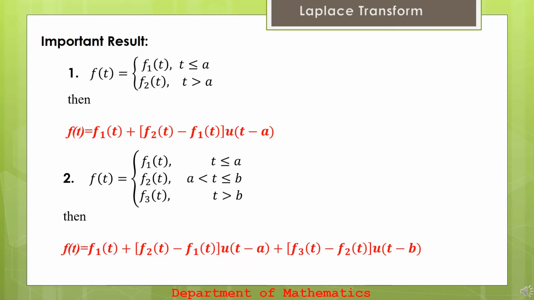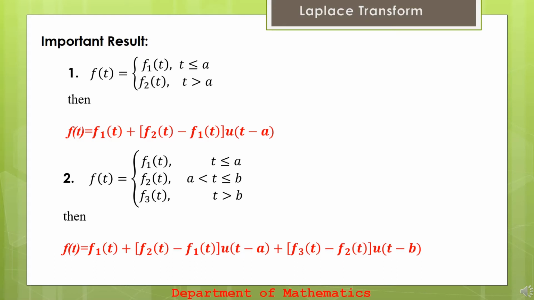Important result. Result number 1: f of t is equal to f1 of t where t is less than or equal to a, and f2 of t where t is strictly greater than a. Then f of t is equal to f1 of t plus f2 of t minus f1 of t into u of t minus a.